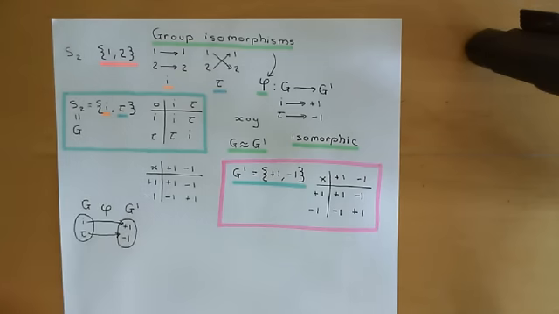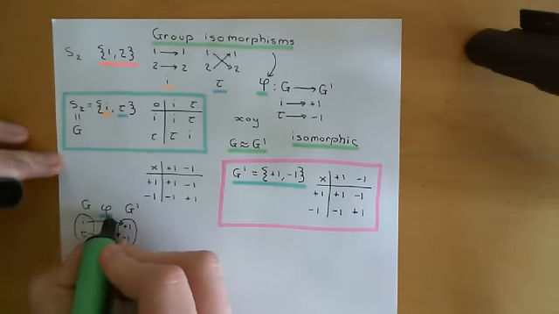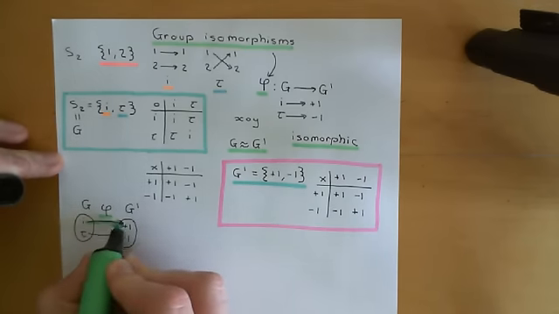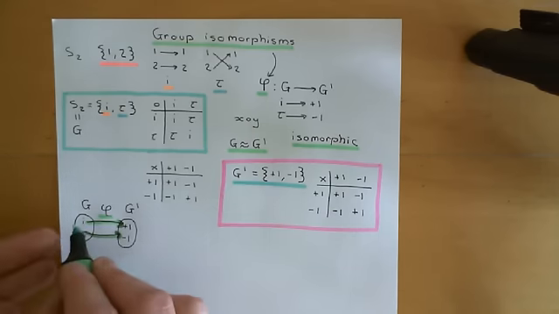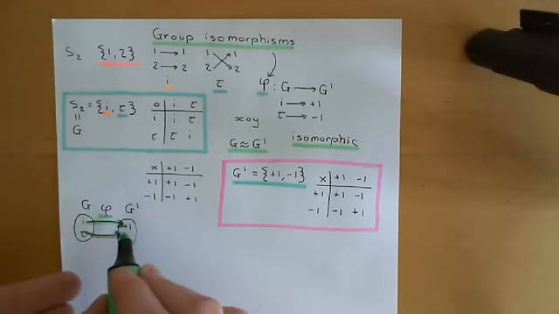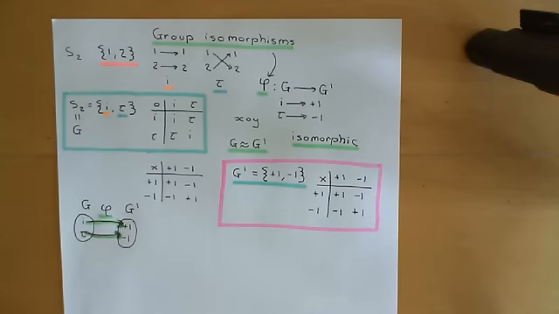This is my isomorphism, this relabelling function that maps all the elements in G onto an element in G prime, and it's a bijection, so it's one-to-one and it's surjective, so that it really is just a relabelling, basically. You are taking every symbol here and you're turning it into a symbol in G prime, basically. Okay, right, so that is what the isomorphism is.